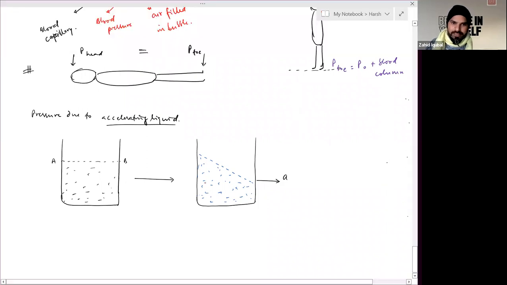So just draw a horizontal line. Let's say this particular angle is theta.